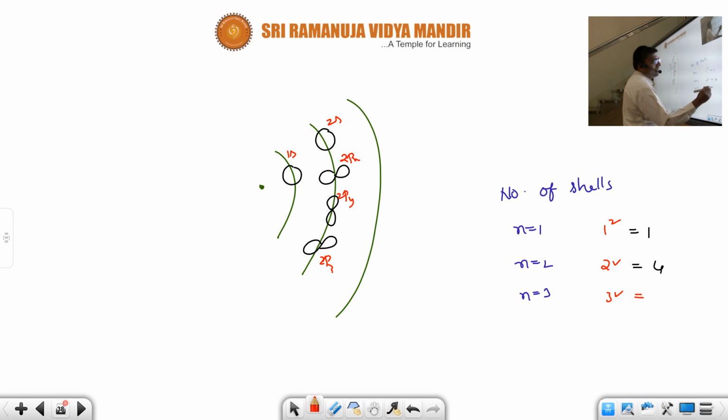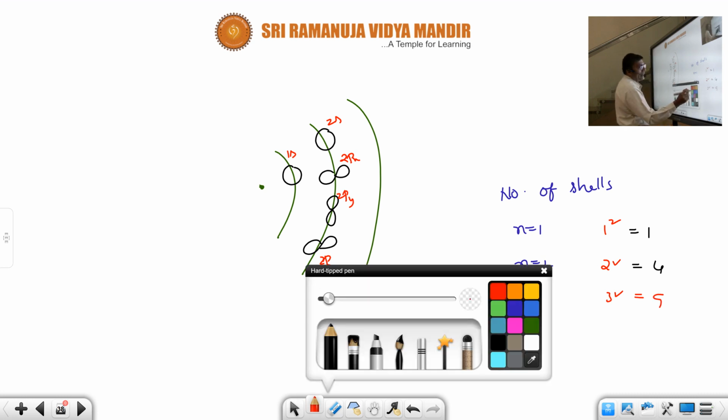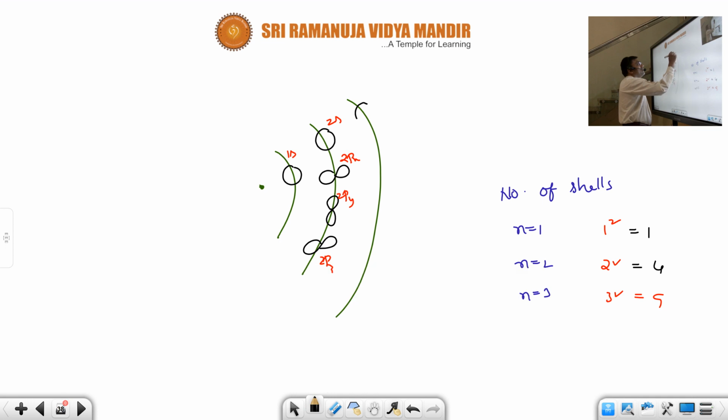Now, in the third there will be 9. So, let us see what are the 9. I am drawing here all the 9. Have a look here. The 9 are as follows. One is 3s. I am writing here p orbital. I mean to say this is 3px, 3py and 3pz.